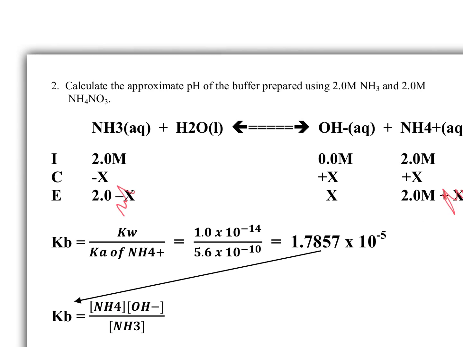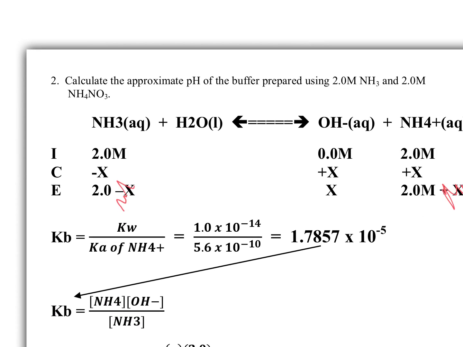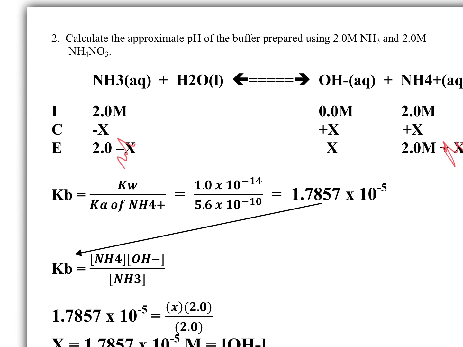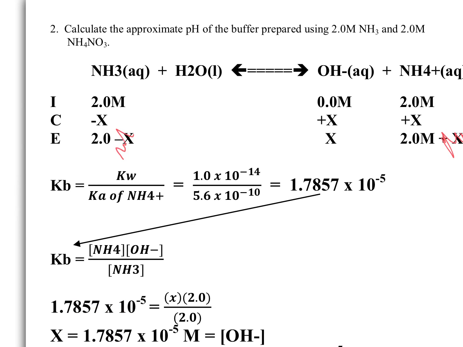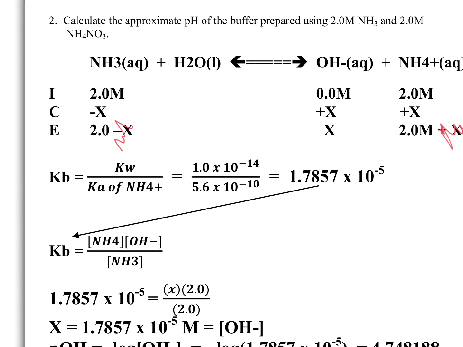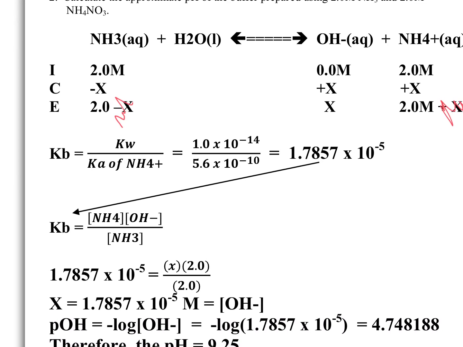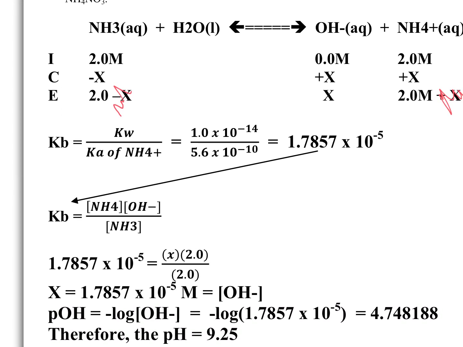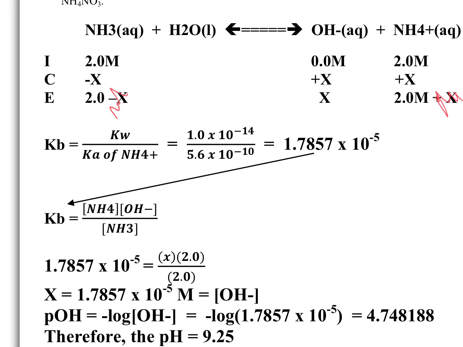So you plug it all in. Kb equals products over reactants. Plug in our Kb, plug in our equilibrium concentrations, solve for the hydroxide concentration. This asks for pH, so we turn our hydroxide concentration into a pOH and subtract from 14 to get a pH of 9.25. Don't forget that sig figs for pHs fall into the decimal place.